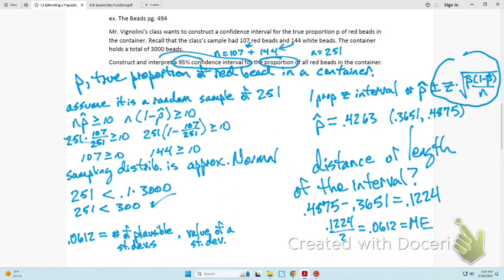That's how they got 0.0612. Z times the standard deviation. If that helps you out, there you go. That's margin of error. Now, that's not the whole story.